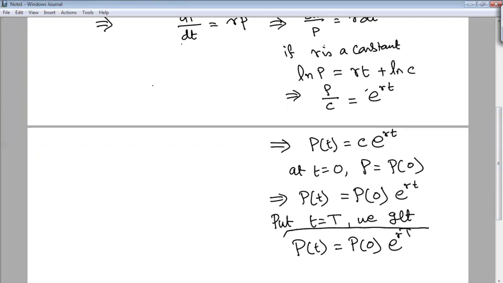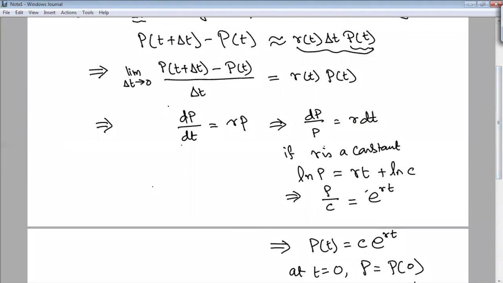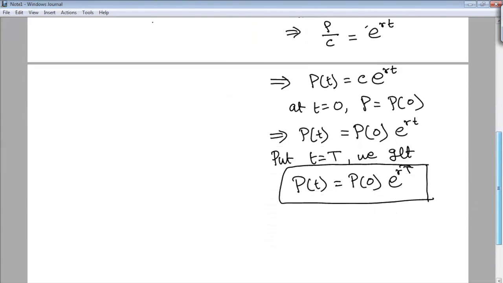This is what we obtained as the formula for continuous compounding. Okay, so that can be obtained from our ODE model also, in a particular case when R is a constant. But this model holds even for R non-constant, that is, a function of t.